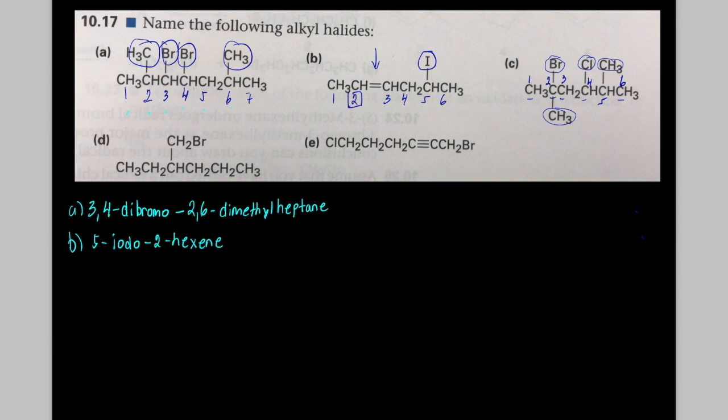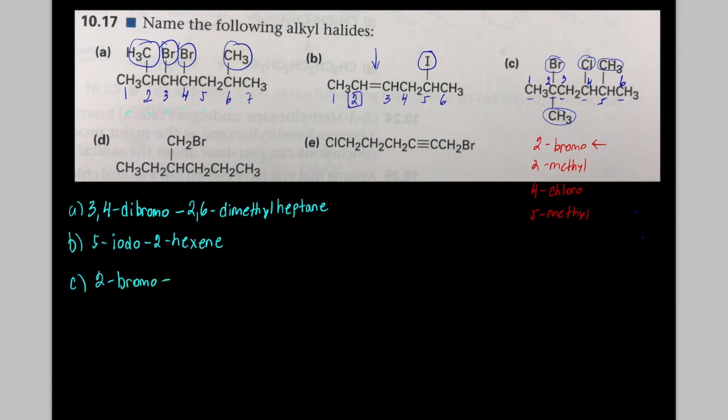So it might be a good idea to list these out. A 4-chloro group and a 5-methyl group. And then remember, we need to alphabetize things, so we're going to start off the name with 2-bromo, because B comes first in the alphabet there.